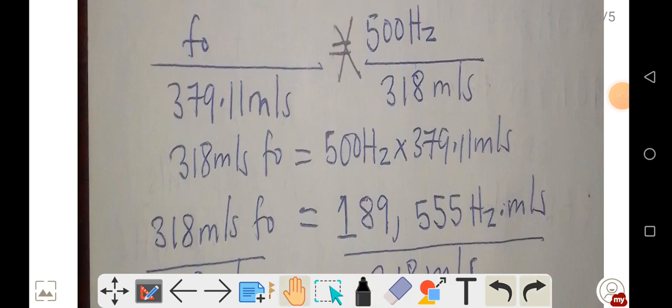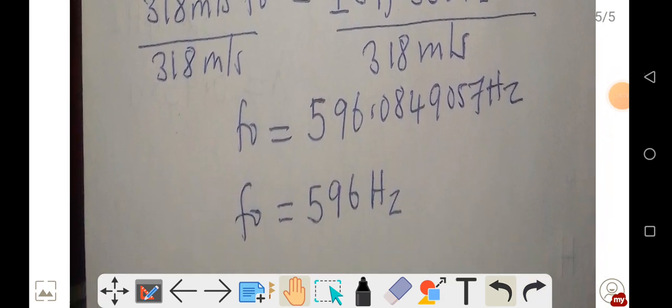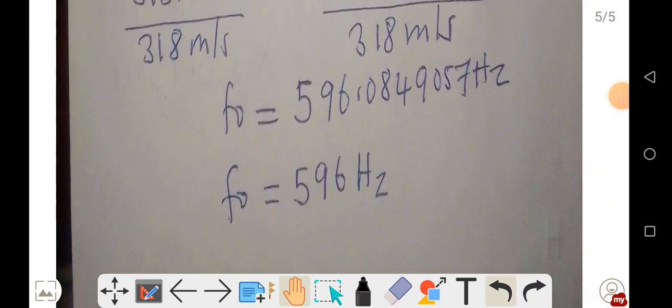And when we do that, we are getting our frequency by the observer to be approximately 596.0849057 Hz. So this can be written to three significant figures as 596 Hz.